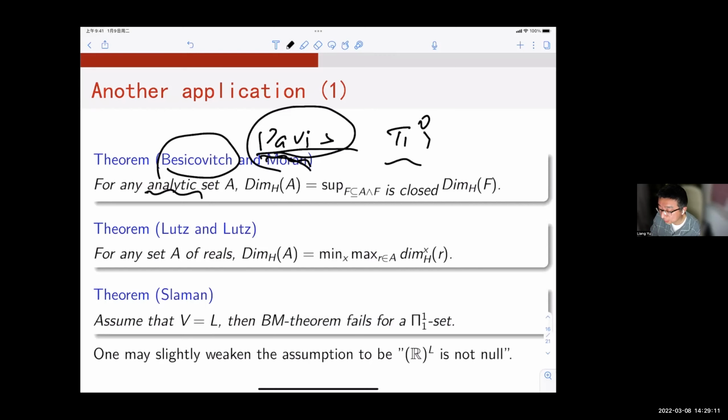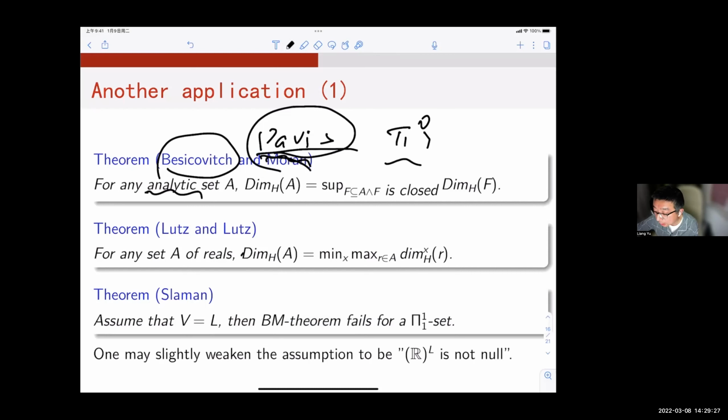Recently, Jack Lutz and Neil Lutz proved a very important result and built a connection between algorithmic information theory and fractal geometry.